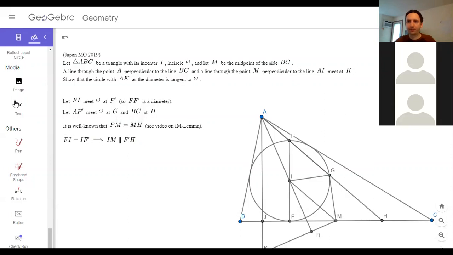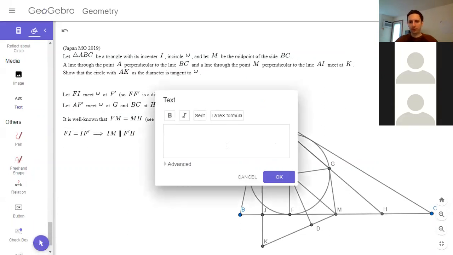Since FGF prime is 90, that means FG is perpendicular to IM. And that means MG is tangent to omega.